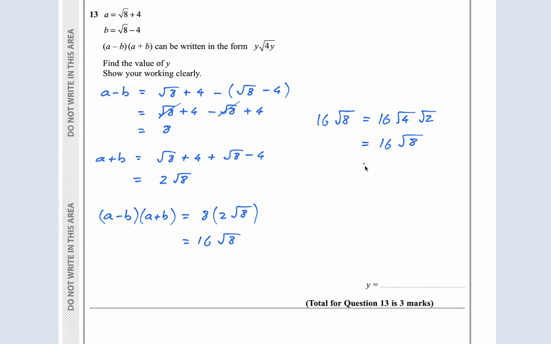And 16 is the same as 8 times 2 root 8. So now I've got my 8s the same. And then this is equal to 8 times root 4 times 8.